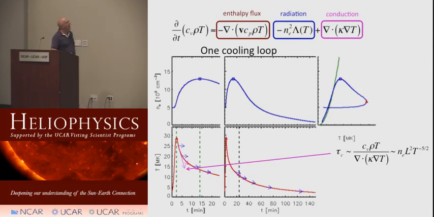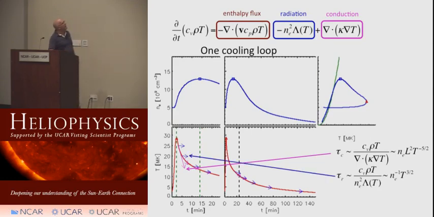And that scales as the density, as the length of the loop squared, and as the temperature to the minus 5/2 power. So if I increase the temperature of the loop by a factor of 4, I make it cool 32 times faster. So the conductive cooling time is very temperature sensitive.